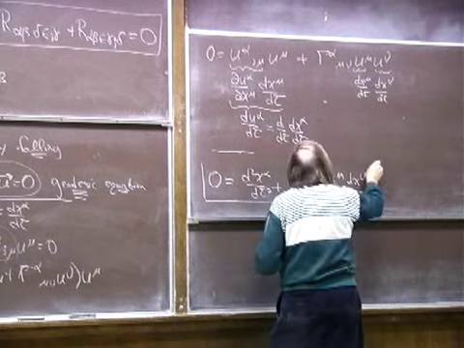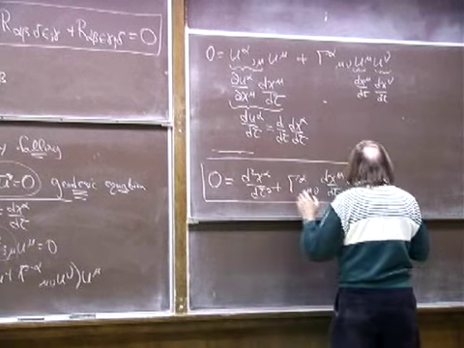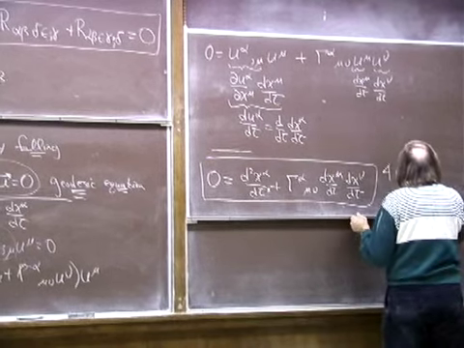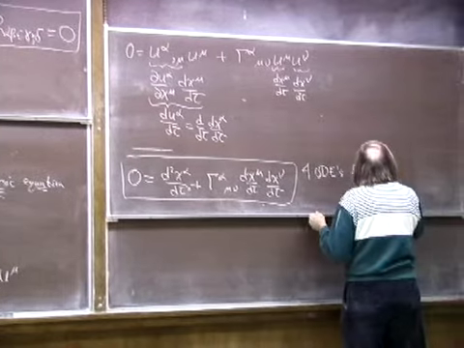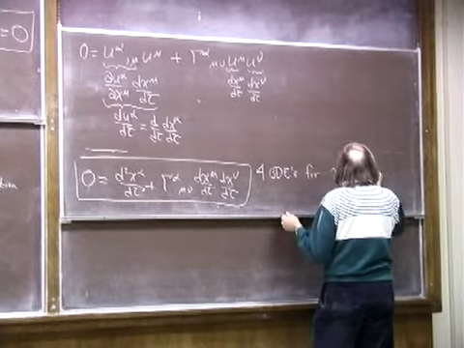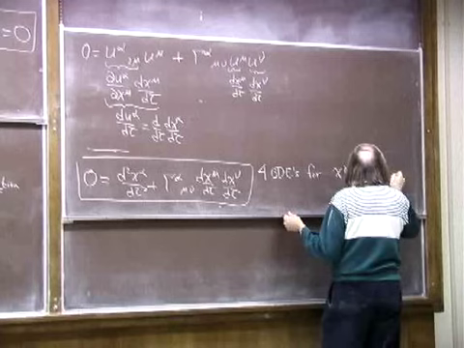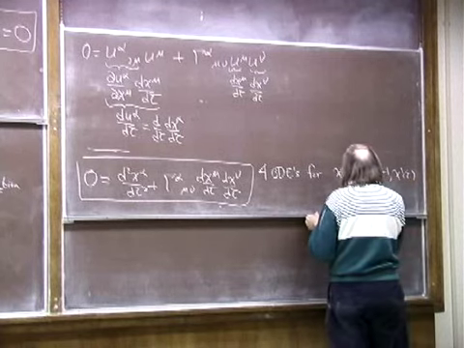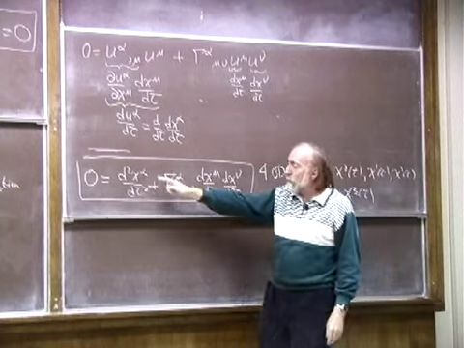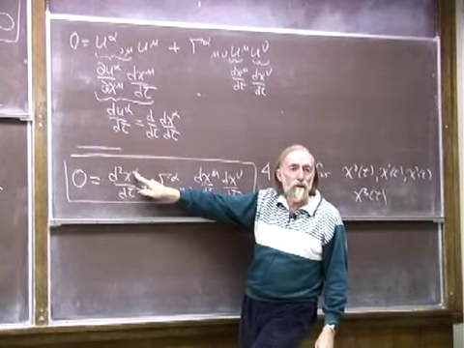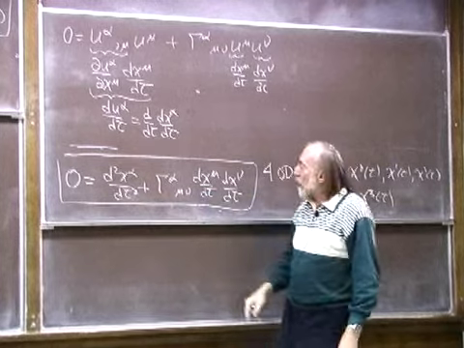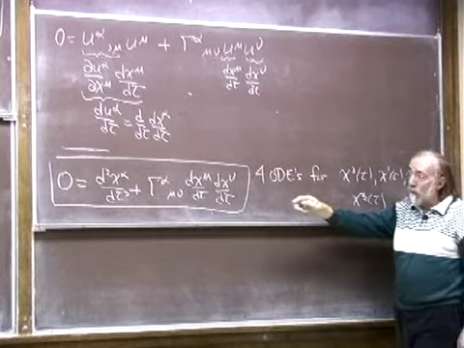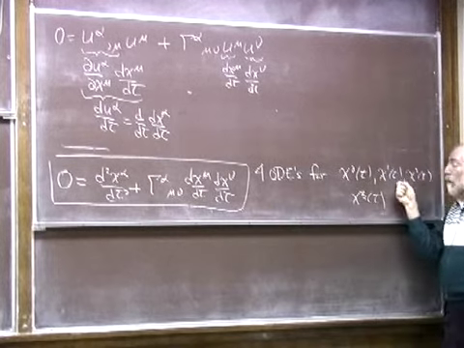And this then is a set of 4 ordinary differential equations for x^0 as a function of tau, x^1 as a function of tau, x^2 as a function of tau, and x^3 as a function of tau. There are 4 equations because there's one free index. Alpha can be 0, 1, 2, 3. So I have 4 ordinary differential equations, coupled because of the connection coefficients, for 4 unknowns.